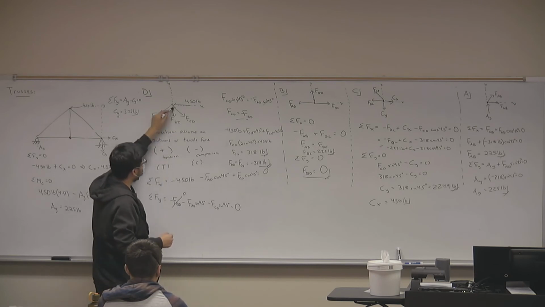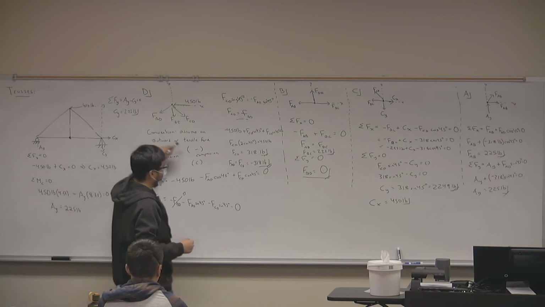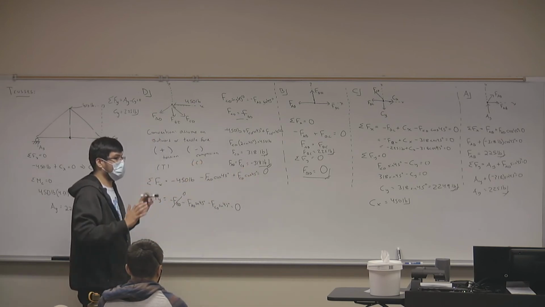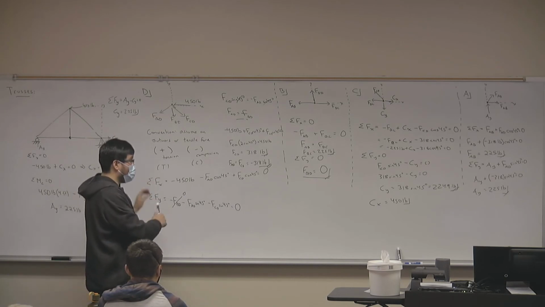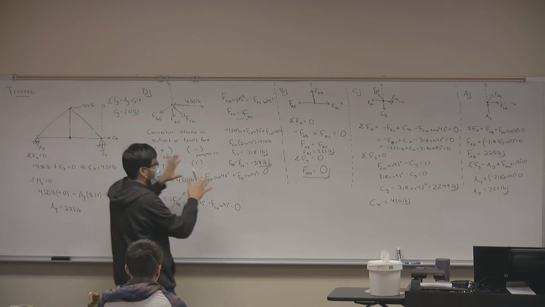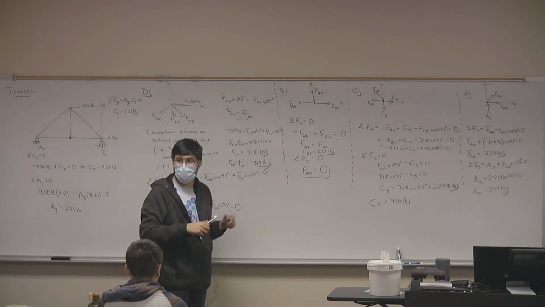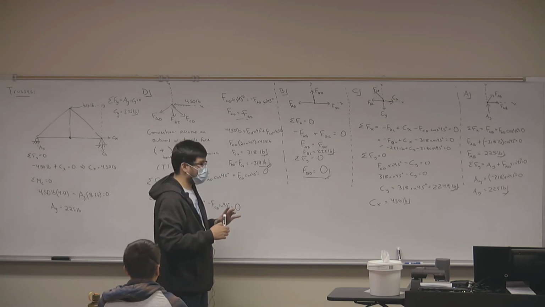If we assumed incorrectly, like FAD, my answer will be negative, which means it's compression, pushing. That's all it is. You don't have to do it this way. It's just easier to have a standard convention so that we don't get lost in our barrage of equations. Okay? Hopefully that answers your question.